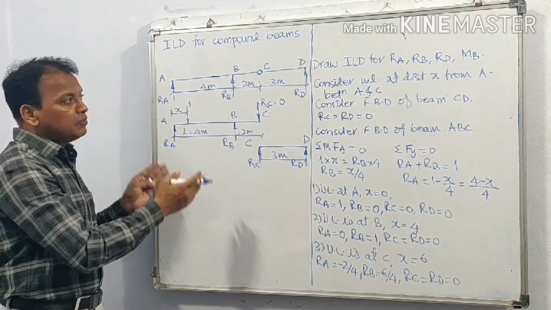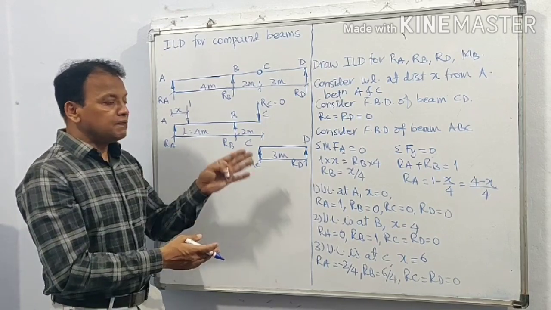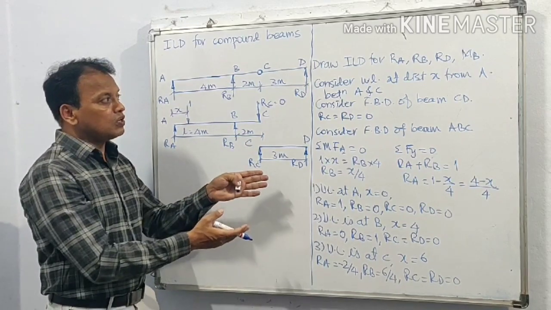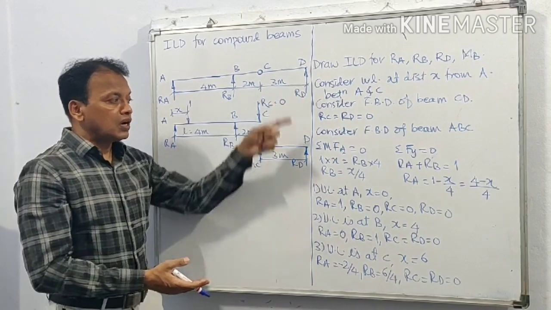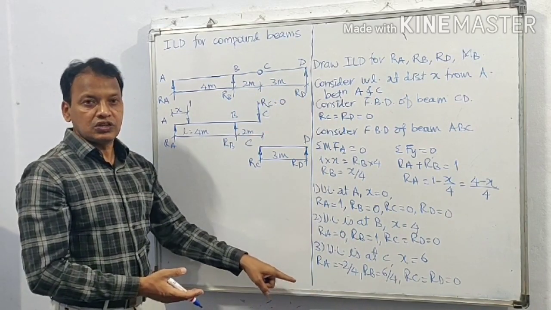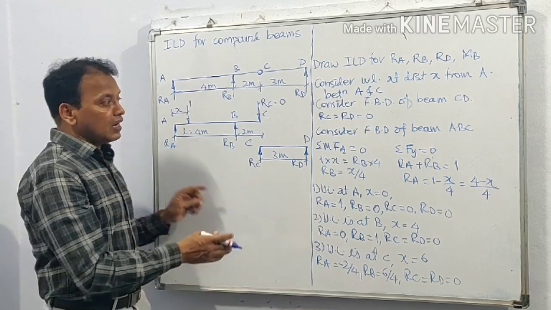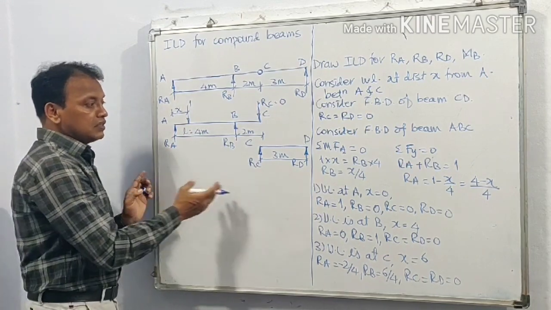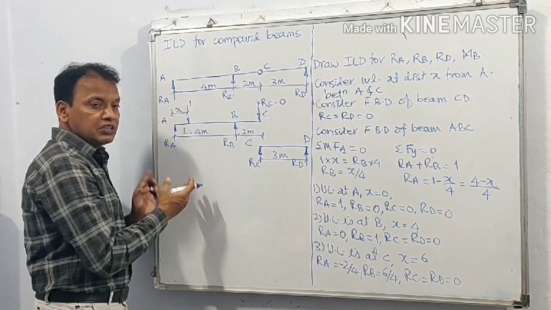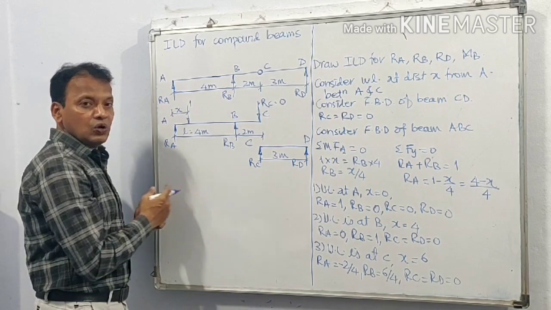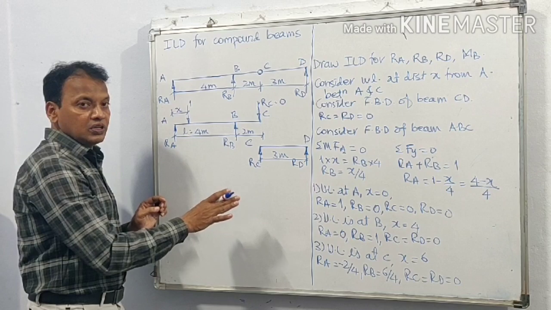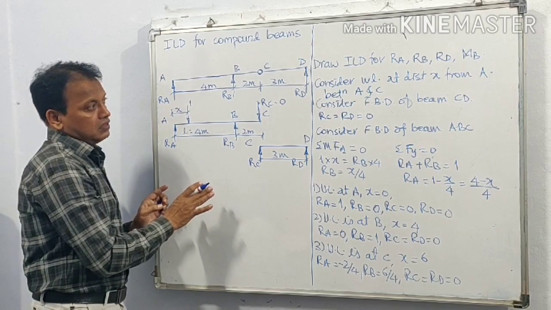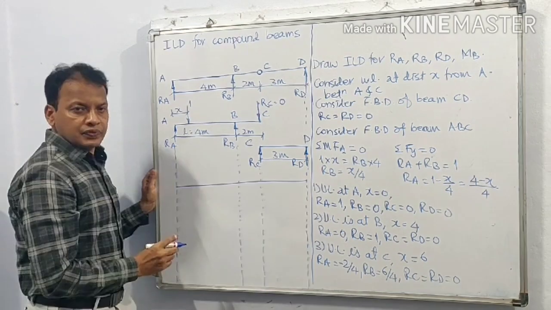Because I have limited space, and if I continuously make calculations for the next position of unit load from C to D, I have to erase this, and afterwards there will not be values with me to plot influence line diagrams. So we are doing it in this manner right now.